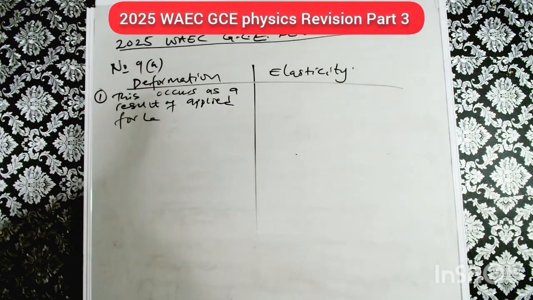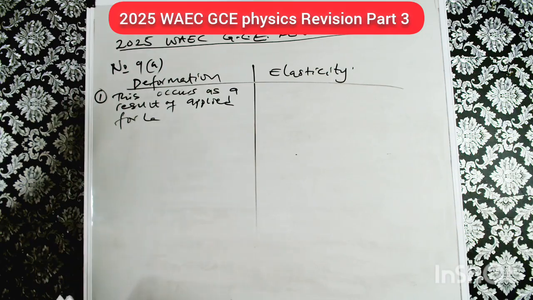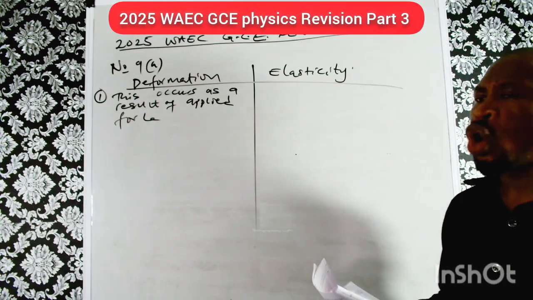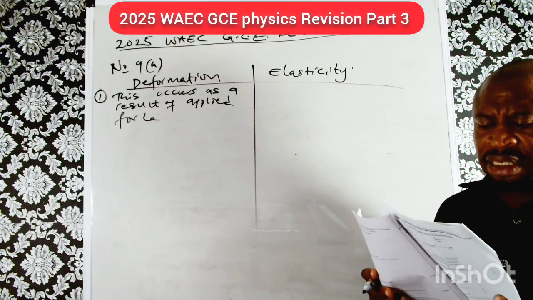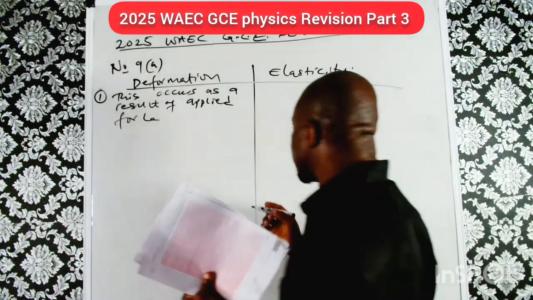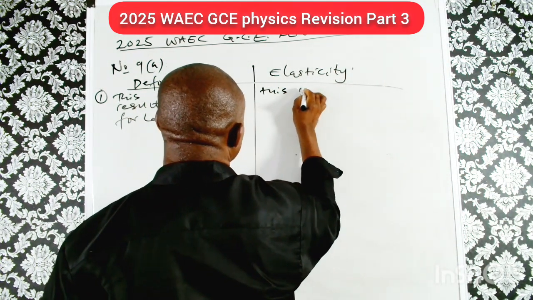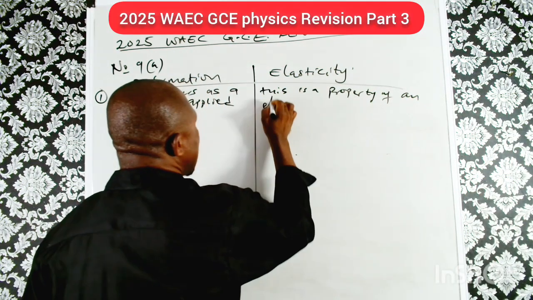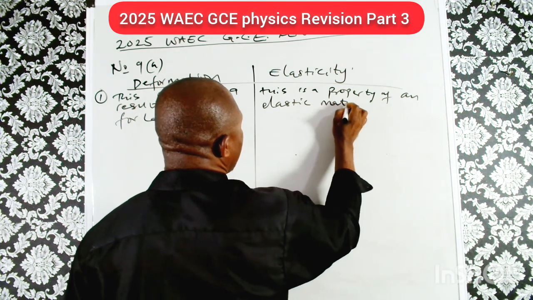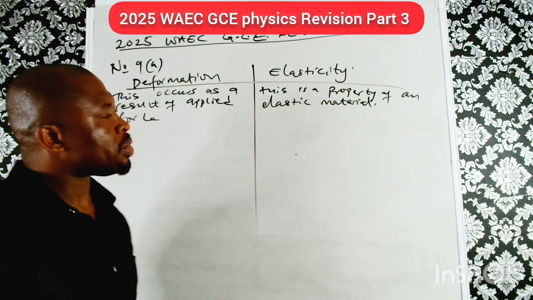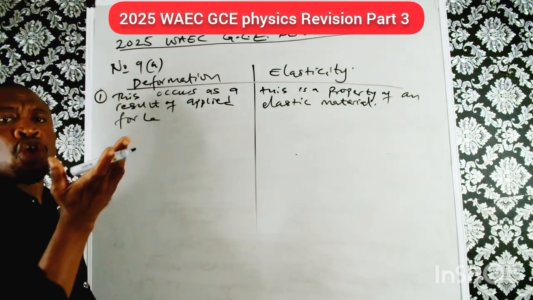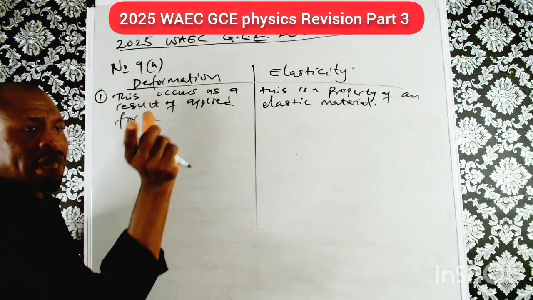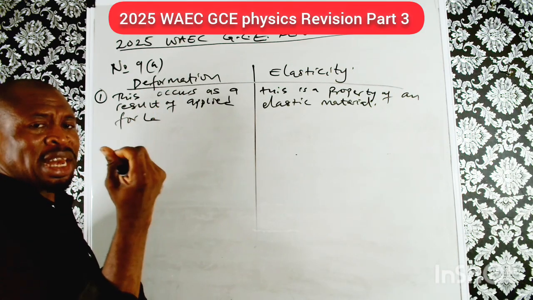Whereas elasticity is a property of an elastic material. Remember, for you to attract marks, they must be correctly paired.